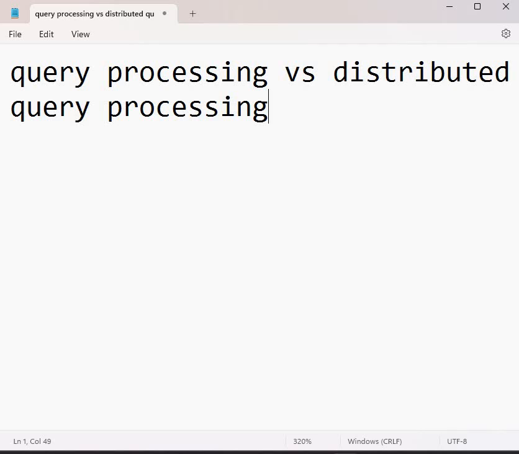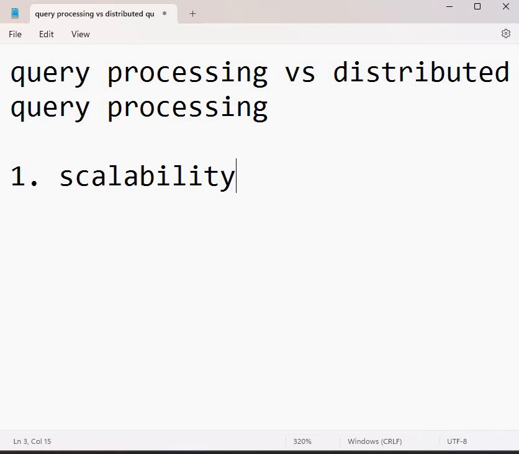Now, let me talk about the main differences, right? There are three key differences between distributed and simple or traditional query processing. The first one is scalability. Traditional query processing with one database is limited to the resources of a single server, because we only have one database on one server, right?